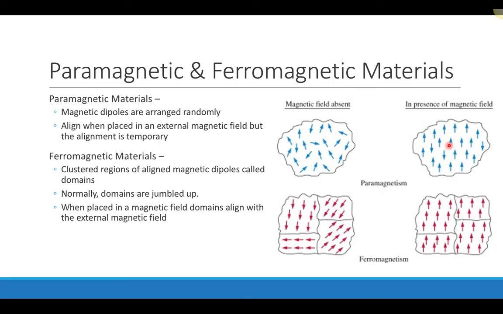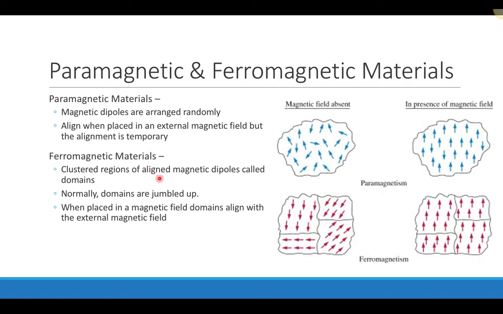The thing about a paramagnetic material is that once you take away the magnetic field, the material goes back to behaving like it did before, where those magnetic dipoles are just random all over the place. So it's a temporary magnetism that we see with these paramagnetic materials, and it's not a very strong magnetism.